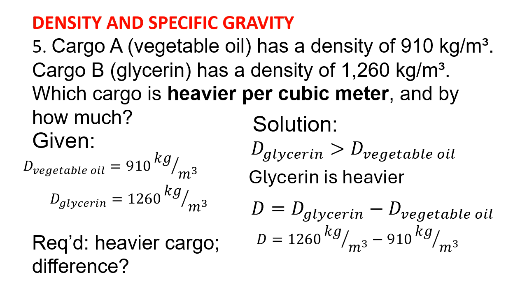So 1,260 minus 910 kilograms per cubic meter, we get 350 kilograms per cubic meter. Therefore, in our problem, Cargo B is heavier, which is glycerin, by 350 kilograms per meter cube. I hope this solution is clear to everybody. Now let's proceed to the next one.